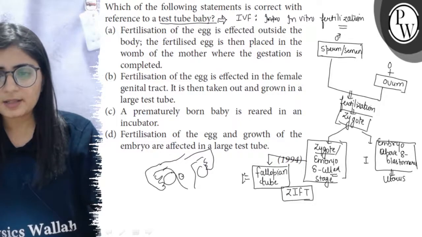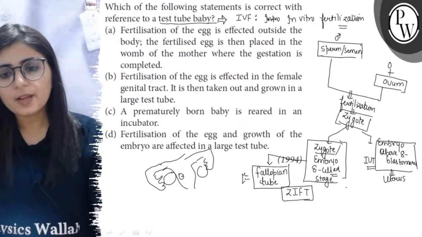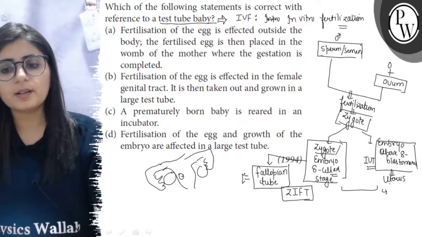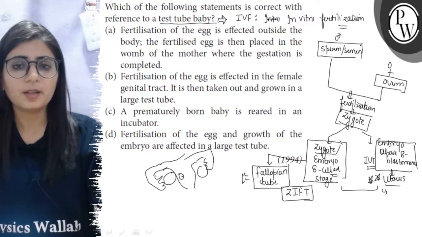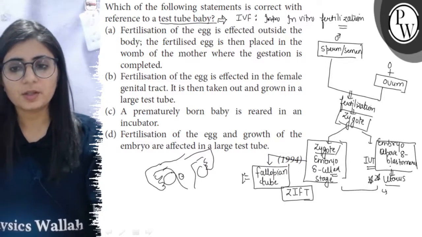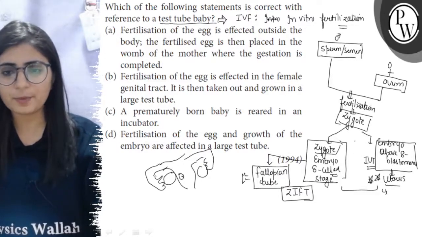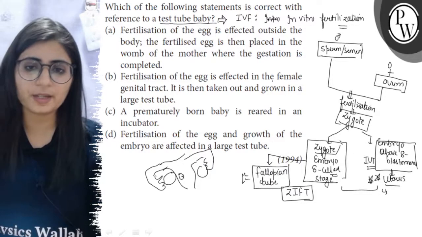So this technique is called intrauterine transfer or IUT, and further development of the embryo occurs in the uterus of female. So only the fertilization is taking place in the test tube. Baby is born by the female as it is born in case of the in vivo fertilization.